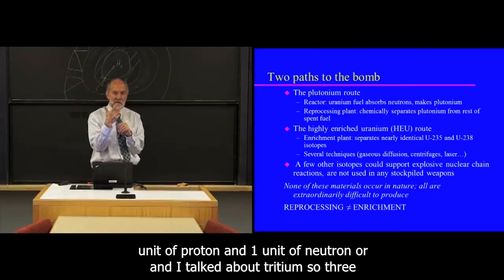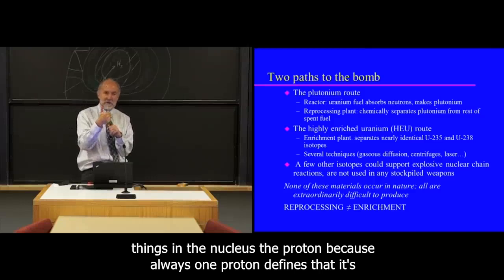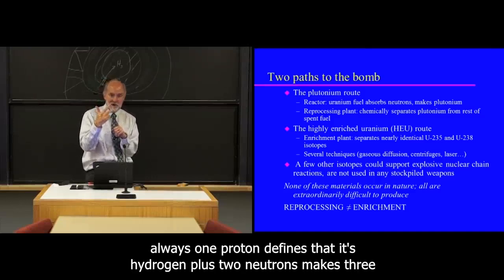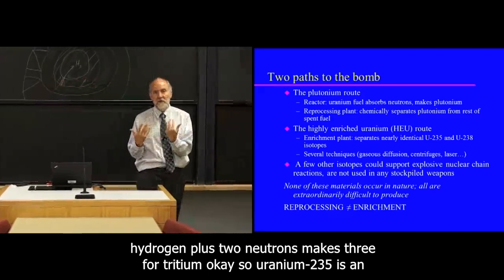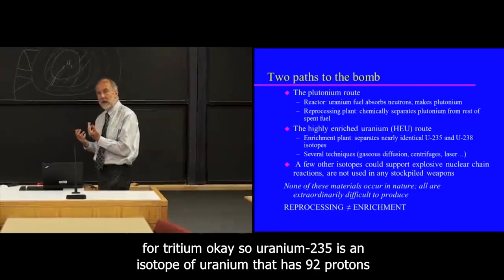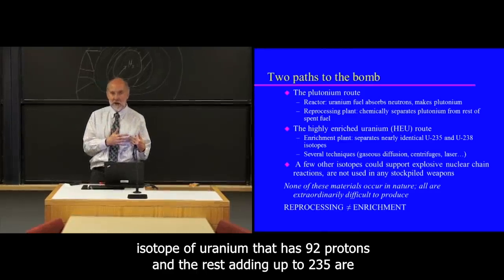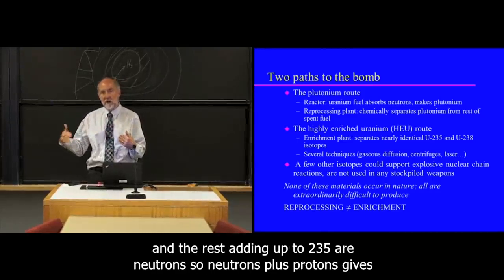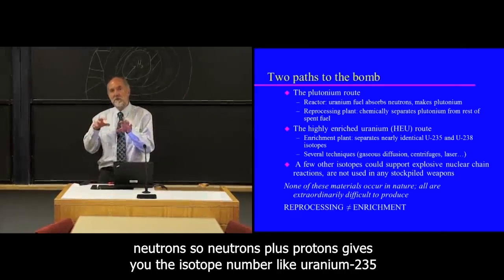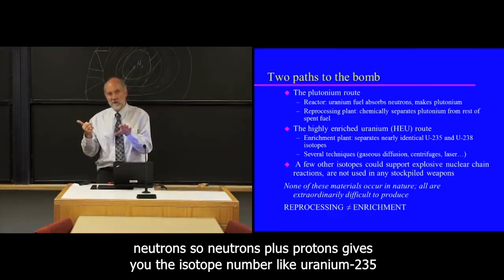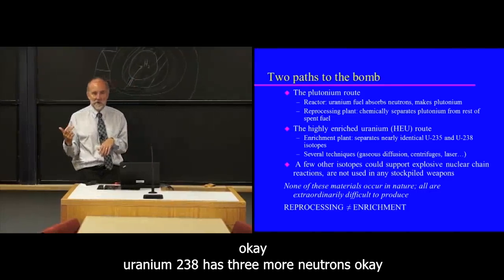And I talked about tritium, so 3 things in the nucleus: the proton, because always 1 proton defines that it's hydrogen, plus 2 neutrons makes 3 for tritium. So uranium-235 is an isotope of uranium that has 92 protons, and the rest, adding up to 235, are neutrons. So neutrons plus protons gives you the isotope number, like uranium-235. Uranium-238 has 3 more neutrons.